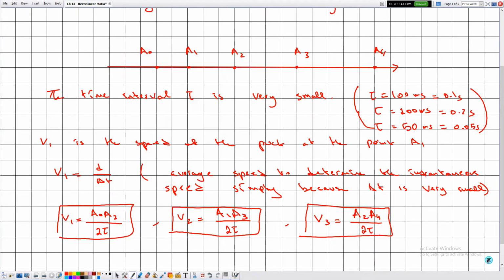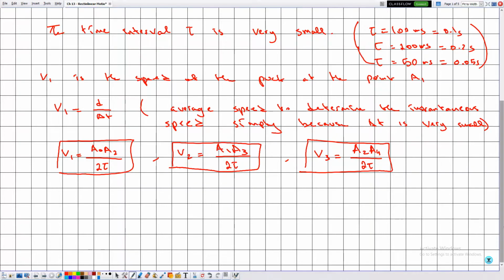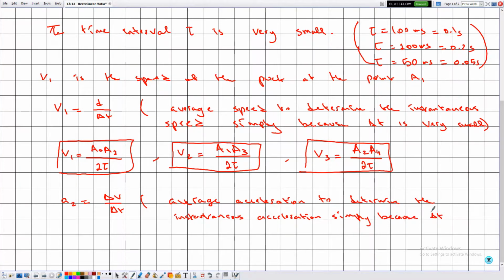Okay. Now moreover, if you want to determine the acceleration, so suppose in this case you are interested in determining the acceleration A2. So A2 simply would be given by delta V over delta t. We are using the formula of the average acceleration to determine the instantaneous acceleration simply because delta t is very small.